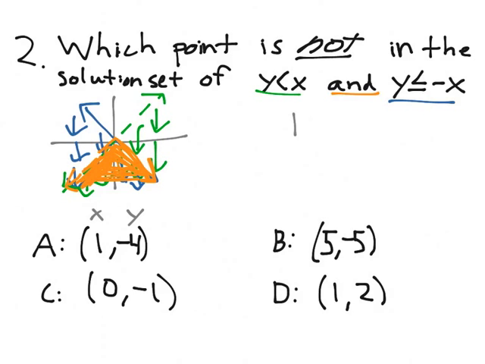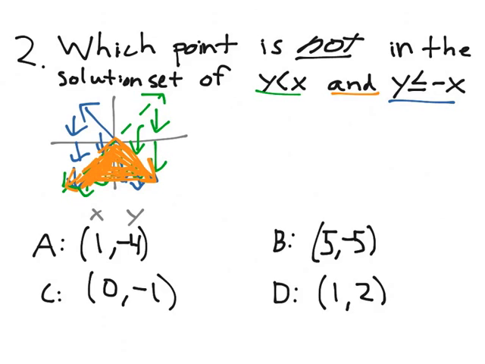X is 1 and y is negative 4. That's true. Negative 4 is less than 1. And on the next one, y is negative 4, x is 1. Negative 4 is less than or equal to negative 1. So those are both true. So that means A is part of the solution.